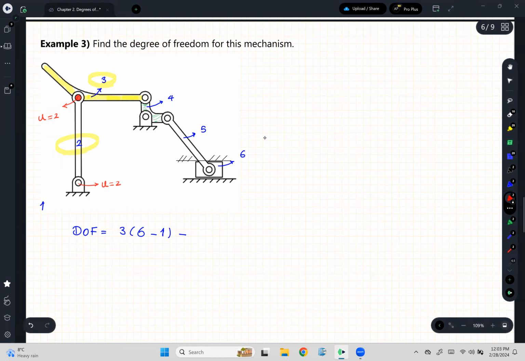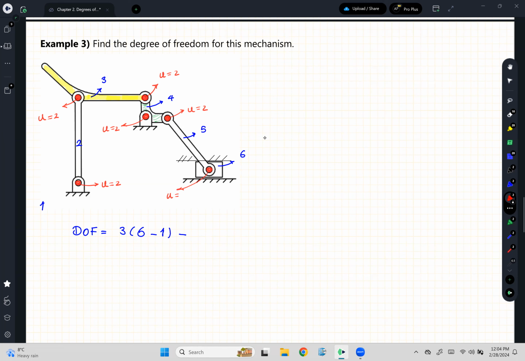Member 3 looks like two members, but it's not. So try not to make a mistake. Just one joint between 2 and 3. There's another joint there that we already talked about. This is U number 2 attached to the ground. U number 2. Joint there, U number 2.